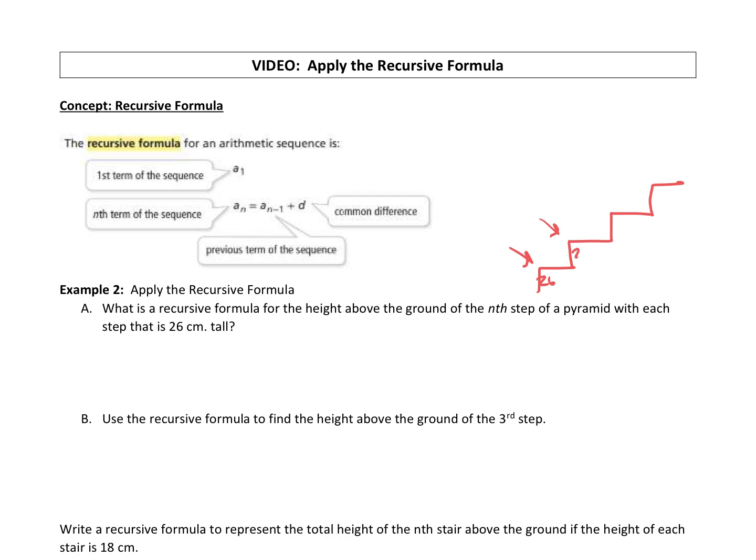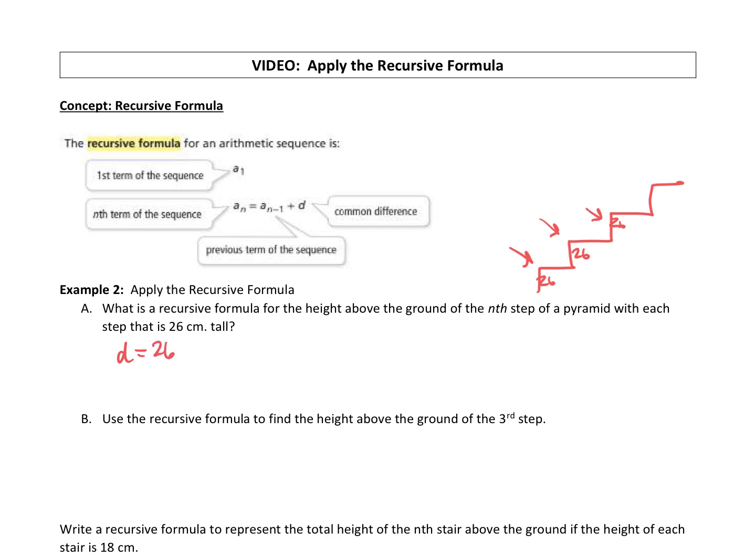Step 2 is 26 centimeters tall. Step 3 is 26. So it increases by 26 centimeters each time. So because from one step to the next has that constant difference, we can say that our common difference in this arithmetic sequence is 26.